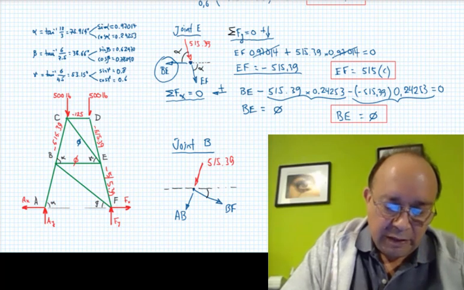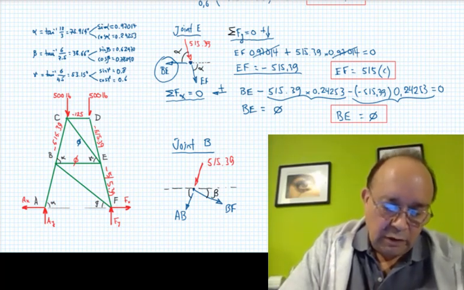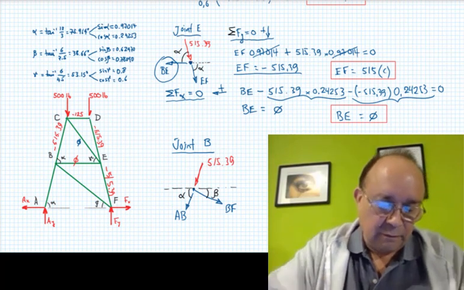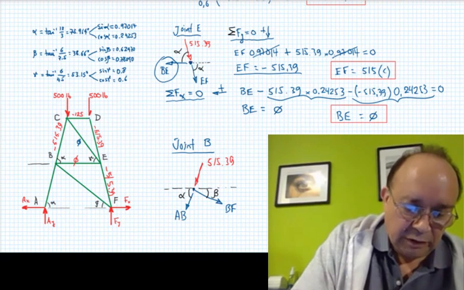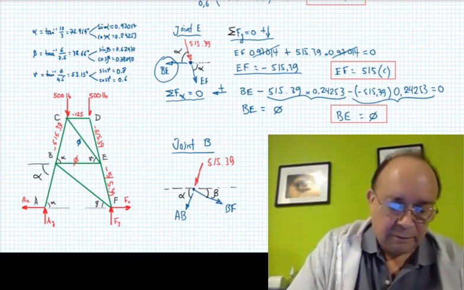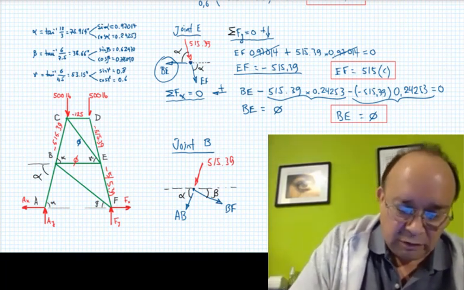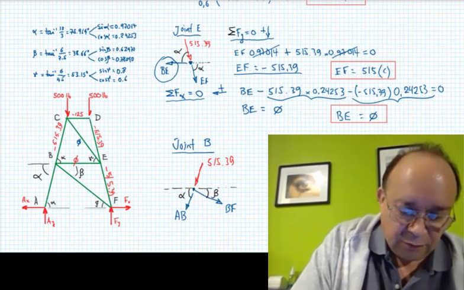This one is beta and this one is alpha, right? Is this one right here, right? This is alpha, and this one right here is beta.